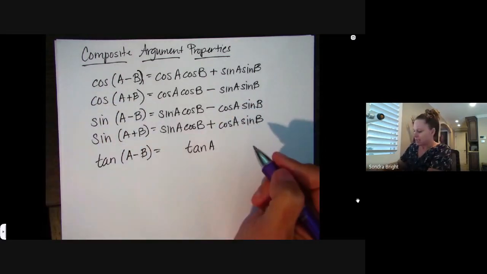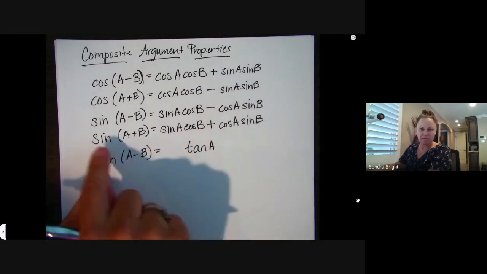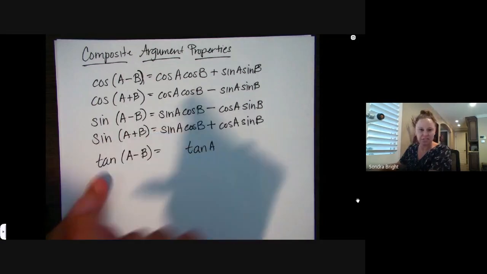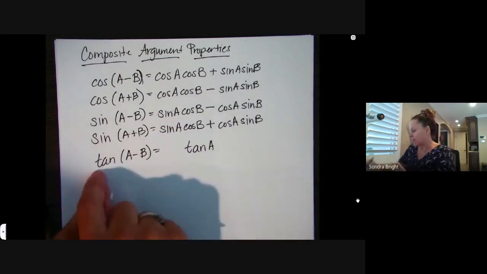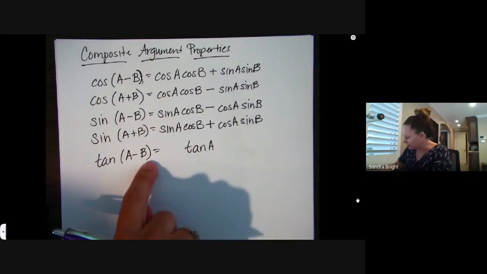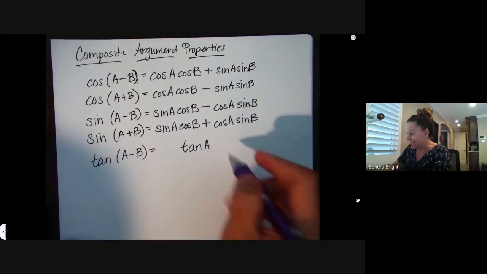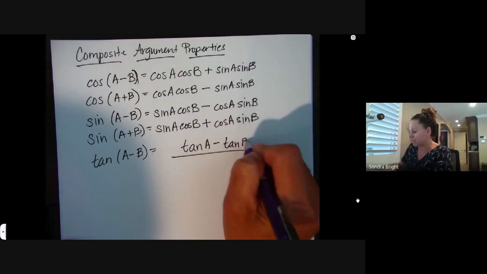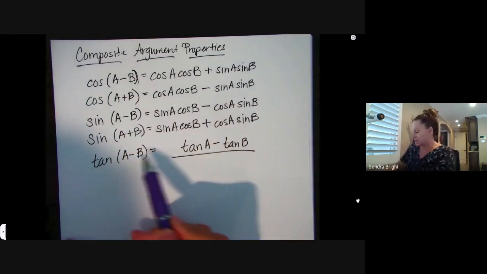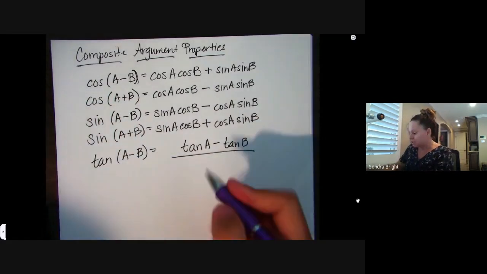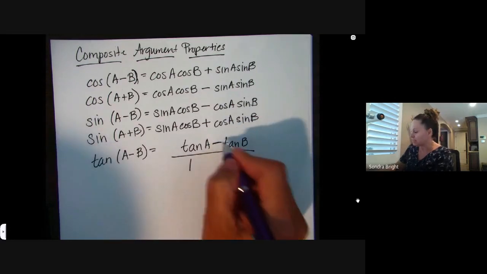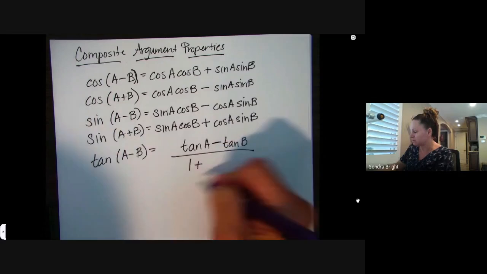Notice that this is not equal to sine of A plus sine of B. This is not going to be equal to tangent of A minus tangent of B. It's equal to more than that, but the numerator will look like I have distributed it: tangent of A minus tangent of B. But then the bottom is going to be a 1. Change the sign. This was a minus sign here, so now it's a plus, and then you multiply the two together: tangent of A times tangent of B.